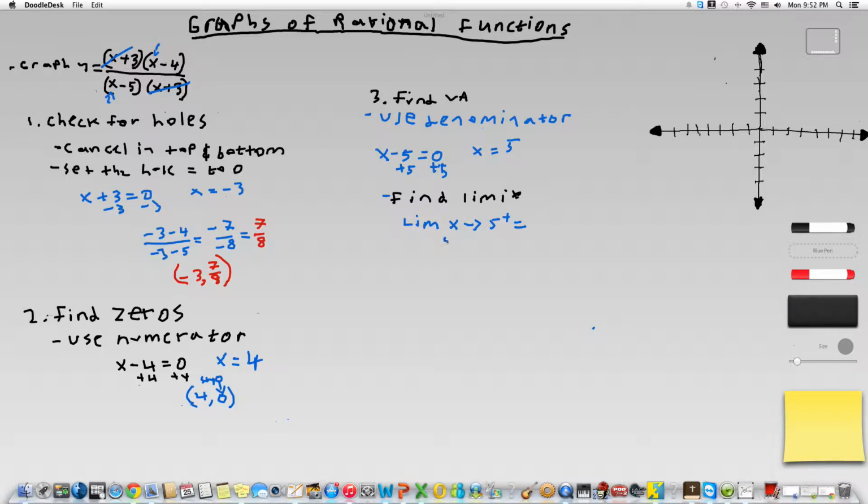So we'll plug in 5.1 to x. So we'll have 5.1 minus 4 over 5.1 minus 5. And in both the numerator and denominator we get positive. So we have a limit of positive infinity.